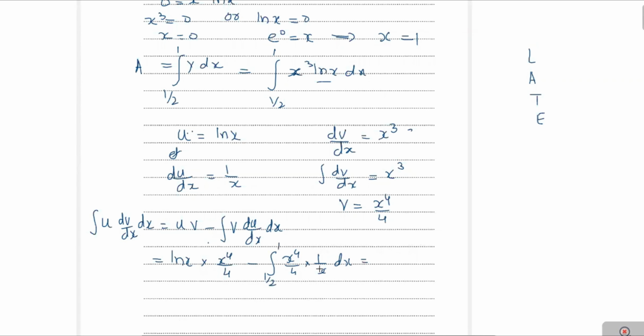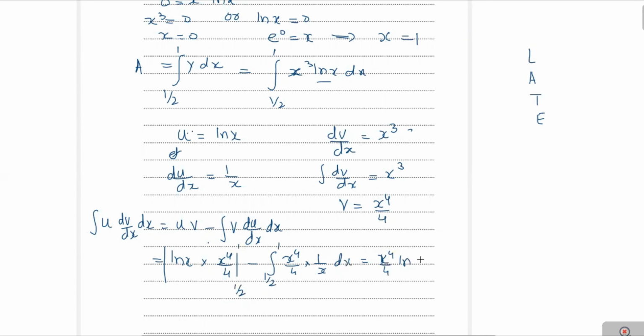We can write it as x power 4 over 4 ln x. Now we apply the limits here, 1 over 2 to 1. And the same here, the limits are 1 over 2 to 1.